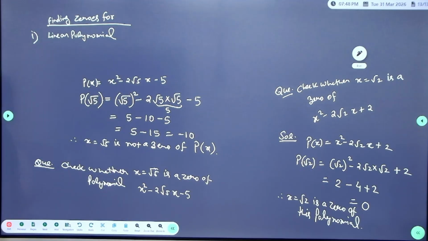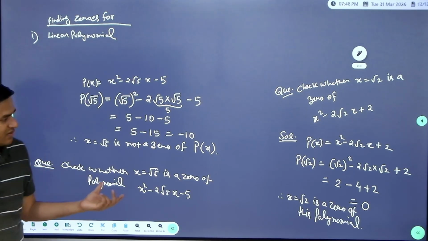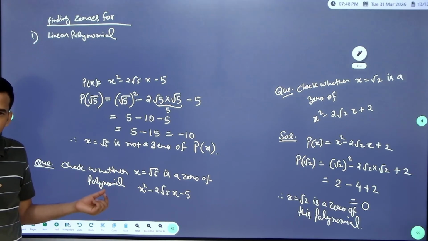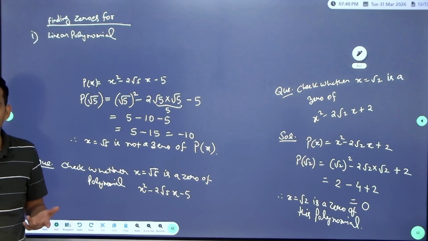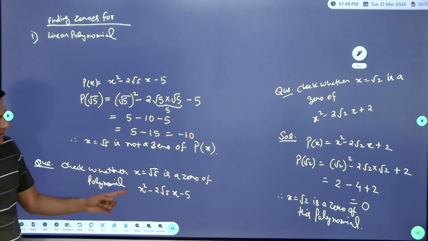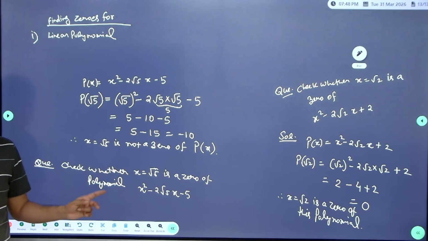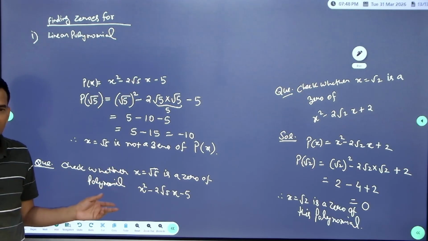In the earlier type of questions, the value of x was already given, and you have to verify whether it is a zero or not. To verify that, you substitute that value of x in the polynomial. If the answer is equal to 0, then it is a 0, otherwise it is not a 0.